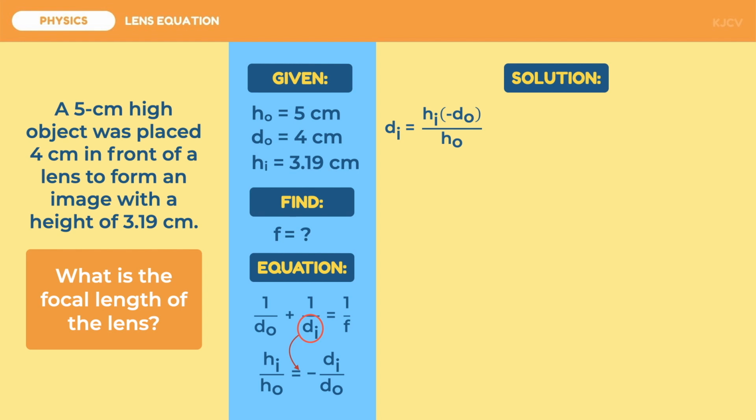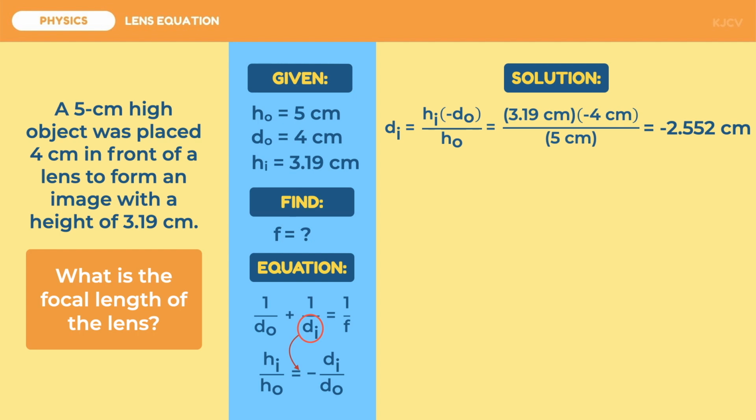Plugging in the values, this will become 3.19 centimeters times -4 centimeters all over 5 centimeters. Before we compute for the answer, we are going to cancel 1 unit in the numerator and the unit in the denominator. This would give us -2.552 centimeters.